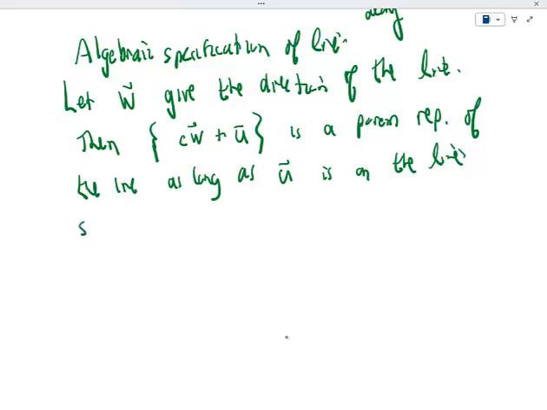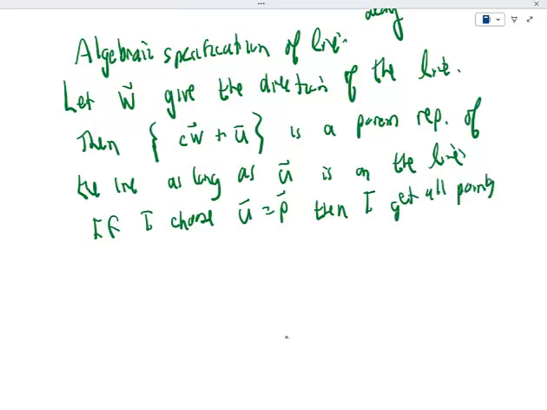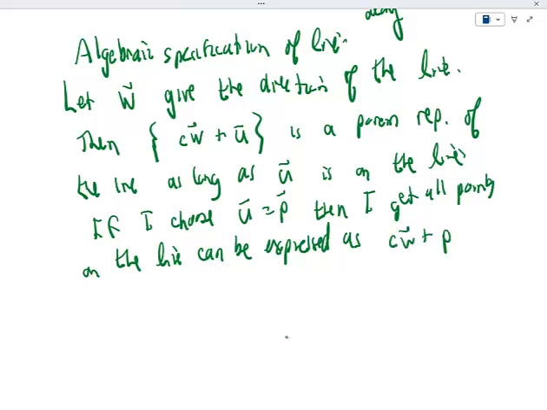So if I choose U equal P, then all points on the line can be expressed as C times W plus P.